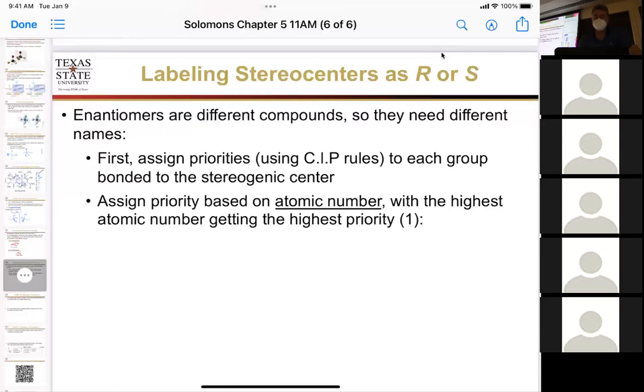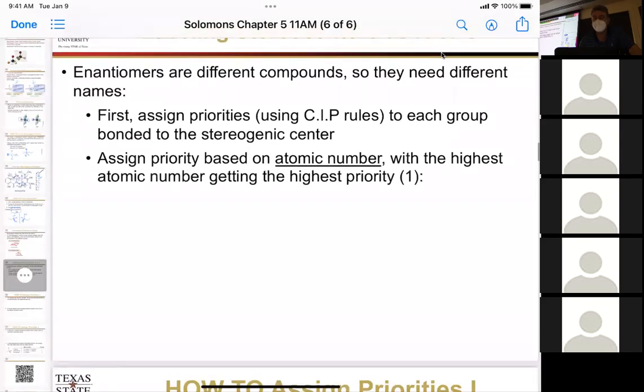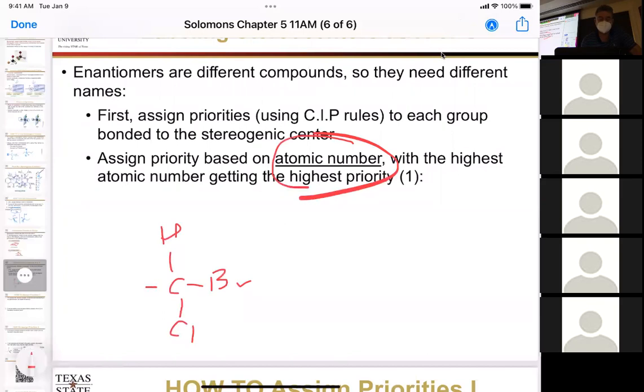So our first rule is atomic number. Now notice it says number, not mass. So let's draw this here and fluorine. By atomic number, which of these is the highest?